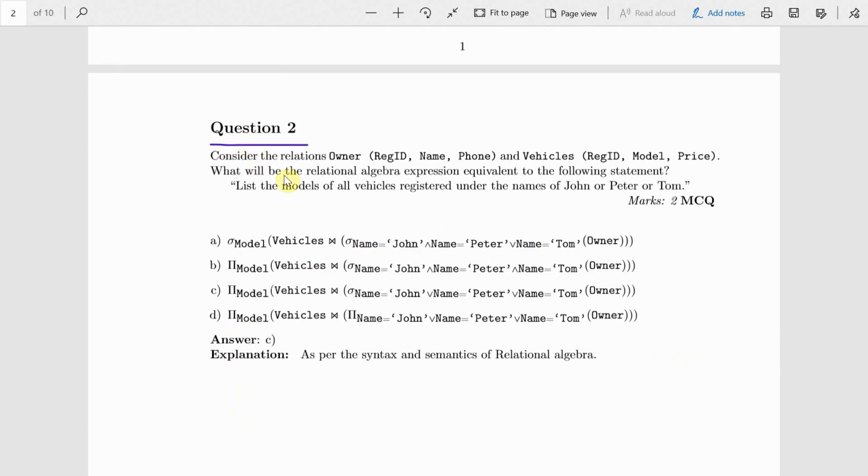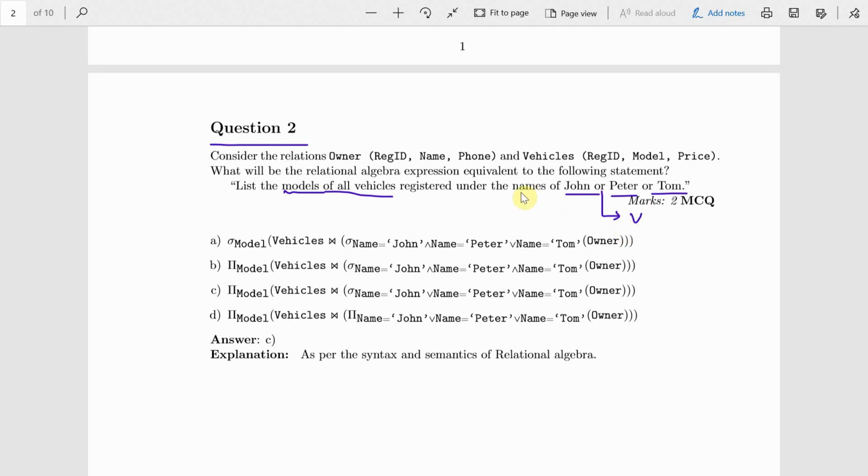Question number 2, list the models of all vehicles registered under the names of John or Peter or Tom. In algebra, the OR operator we can use as a disjunction operator. We call this a V operator, or we call it the disjunction operator. So simply we call it the OR operator.